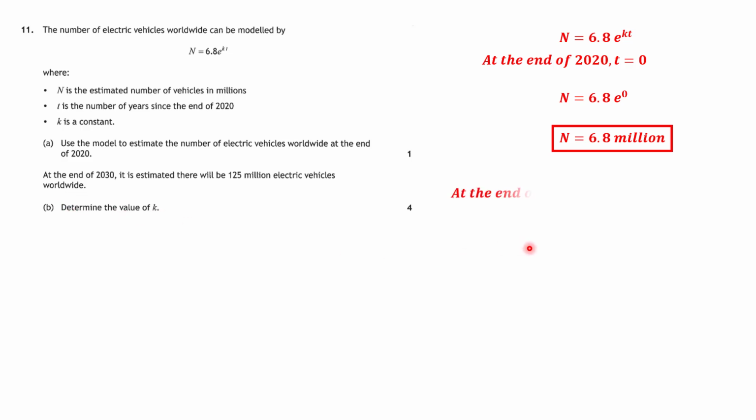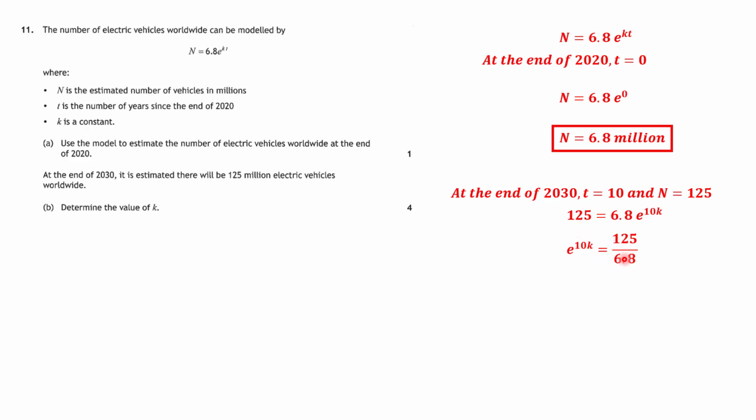So what do we know? At the end of 2030, that's 10 years past 2020, so t equals 10, and we know the number is 125. We put these two values into the original equation, and we get 125 equals 6.8 e to the power 10k. The next step is to isolate e to the power 10k by dividing both sides by 6.8.